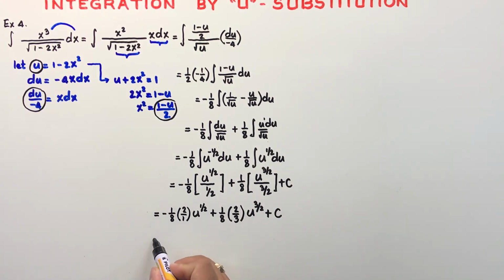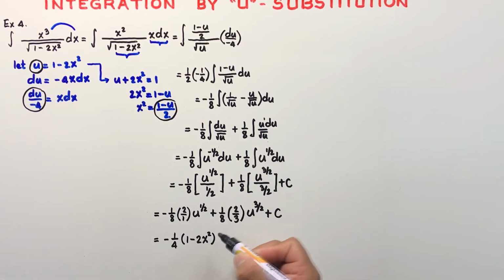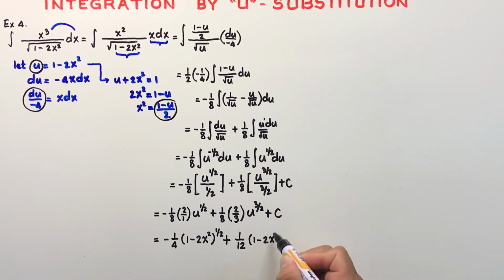So canceling a factor of 2 in this 8 with this 2 here, we have negative 1/4 of our u, which is 1 minus 2x squared, and this will be raised to the exponent of 1/2, plus this 1/8 times 2/3 is 1 over 12 times u, which is 1 minus 2x squared to the power 3/2.